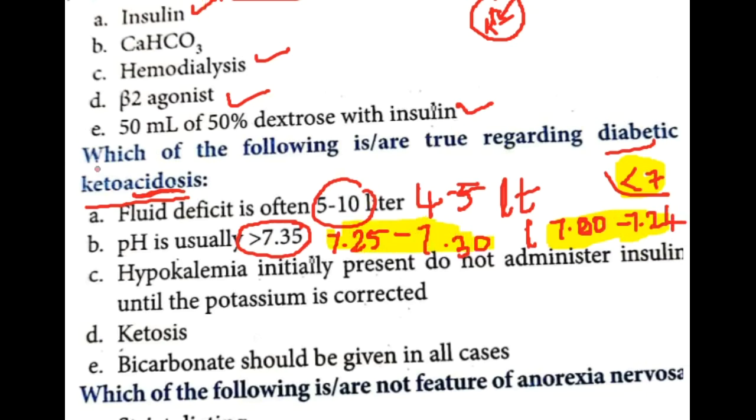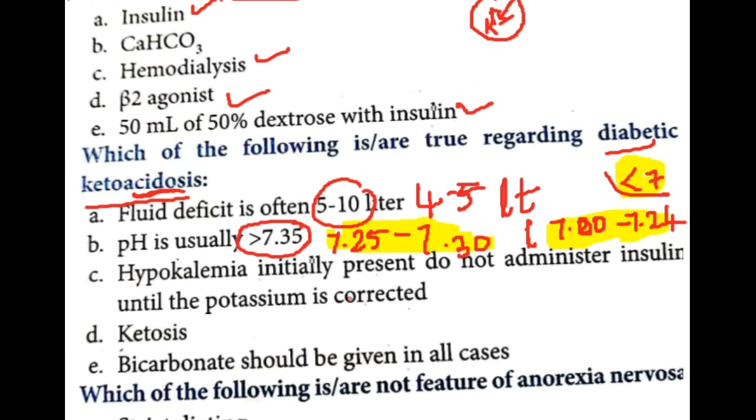Then next question, hypokalemia initially present, do not administer insulin until the potassium is corrected. True, we do not administer insulin until the potassium is corrected, because insulin will drive potassium into cells.